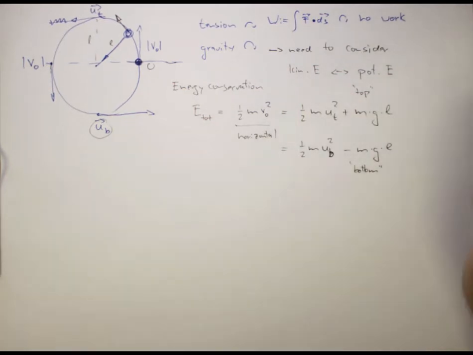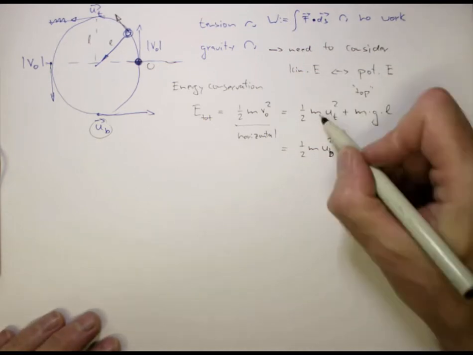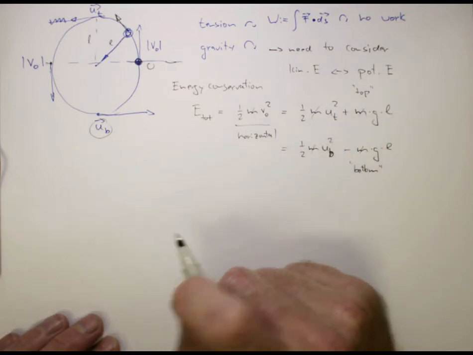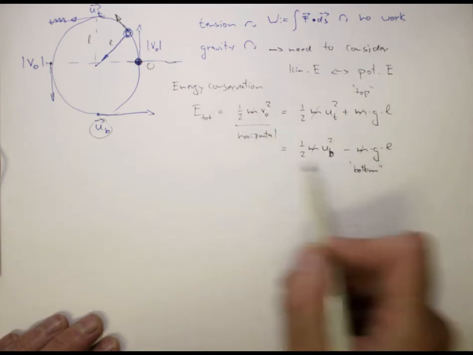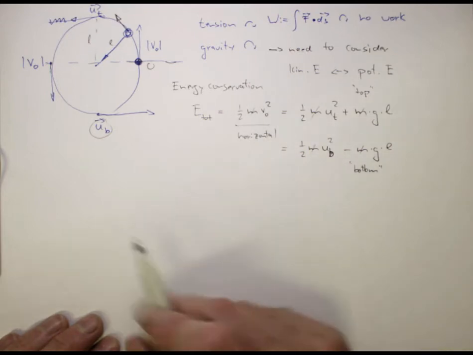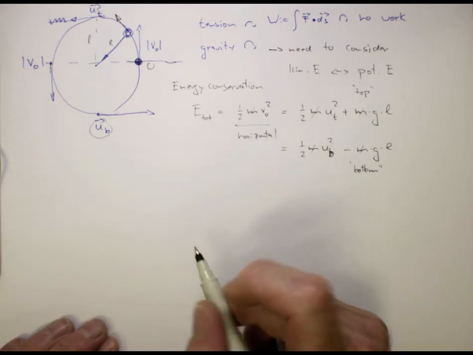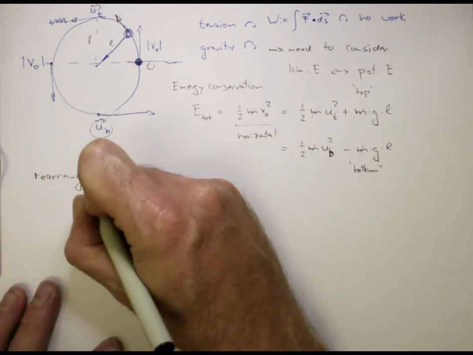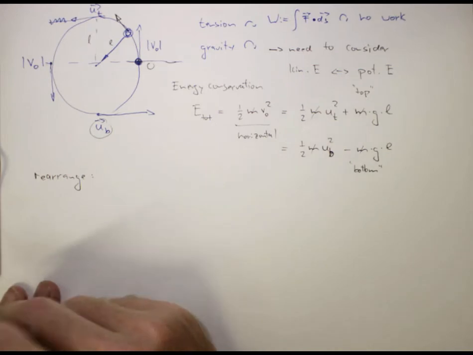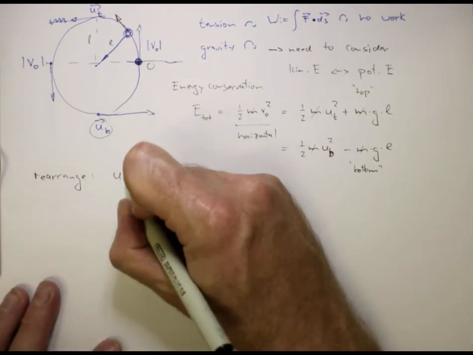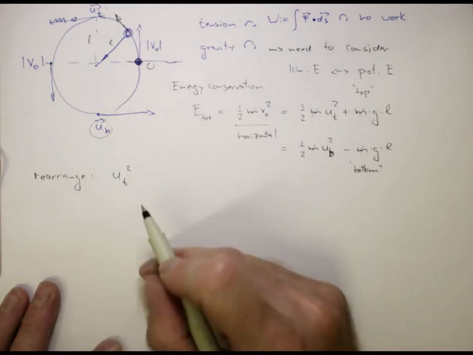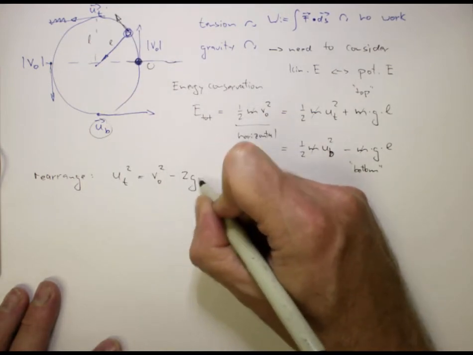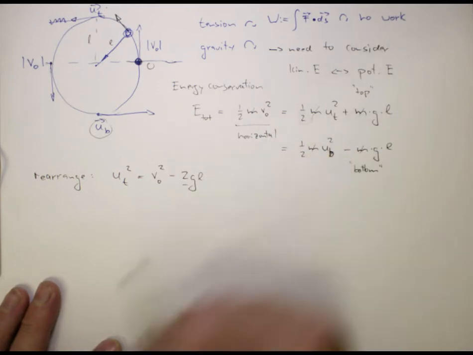Now we can divide by m. m is everywhere. We can remove the m and we can rearrange so that the 1/2s disappear, and that gives us the following equations. In fact we can obtain two equations, one for the top speed, where v_top squared is equal to v0 squared minus 2gL. This 2 comes from the half here.